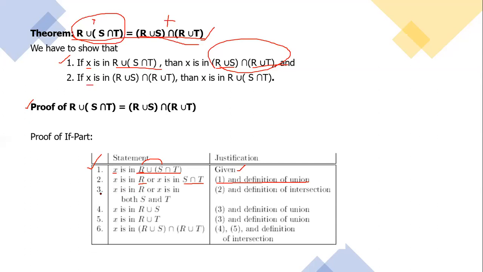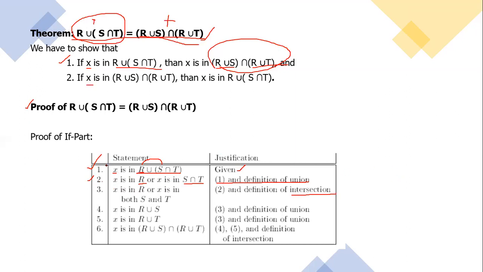So the third one I have taken from the second point and the definition of intersection. What is the definition of intersection? If the element is present in both the sets, then only I can define it in the intersection set, right?